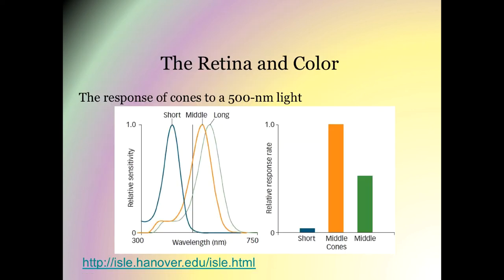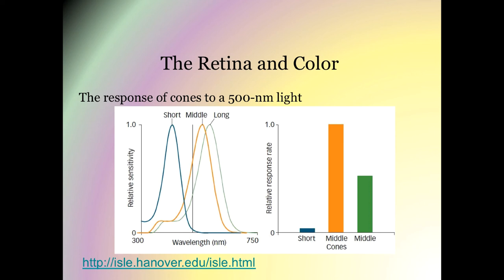Now let's take a look at this really good demonstration of how the cones create a unique pattern of activity, a unique neural code for every color in the rainbow, assuming you have 3 functioning cones.